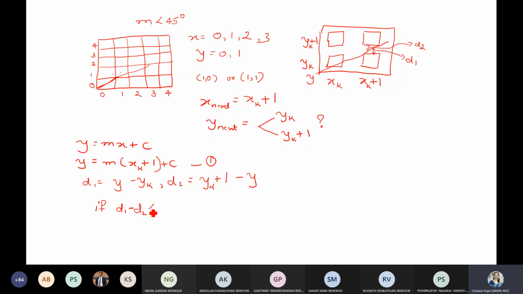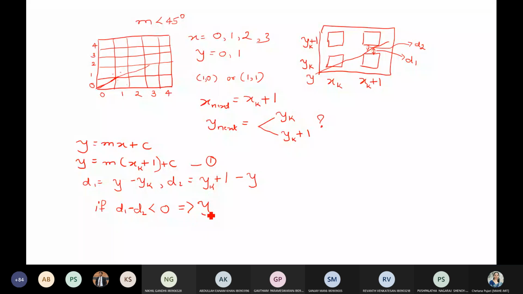If d1 minus d2 is less than 0, which means it's a negative value, your d1 is less than d2.